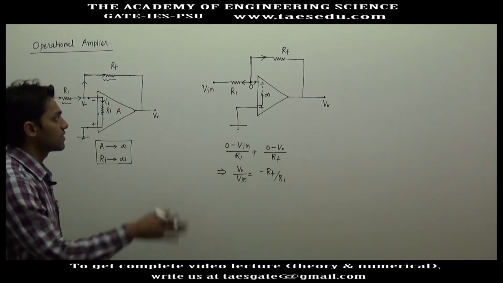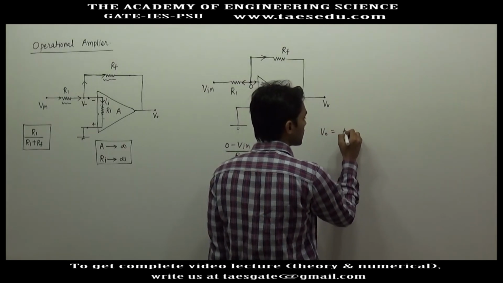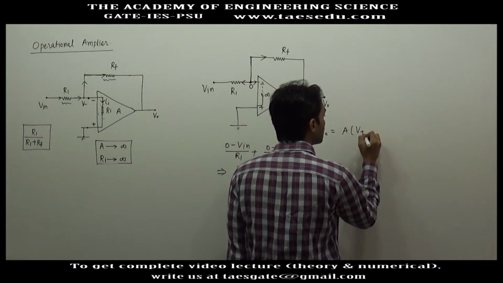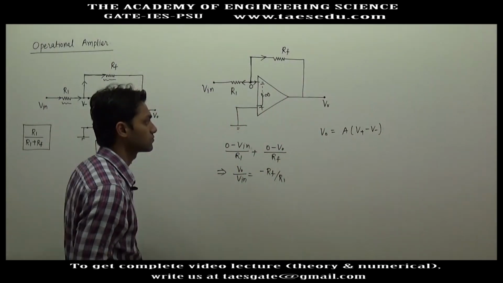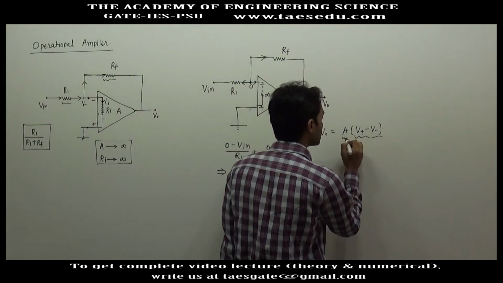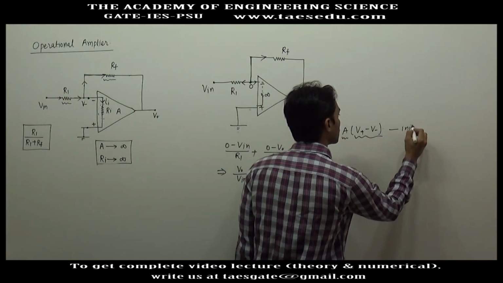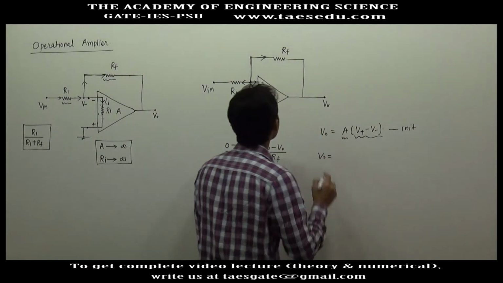So what is the effect of negative feedback? Initially what we have seen, V0 equal to A into (V plus minus V minus). What I said earlier, if this quantity is finite, A is infinite, you will always get infinite quantity. But what is the effect of feedback here?